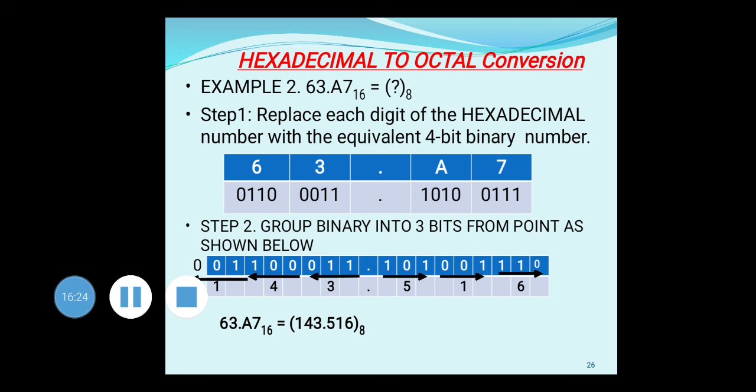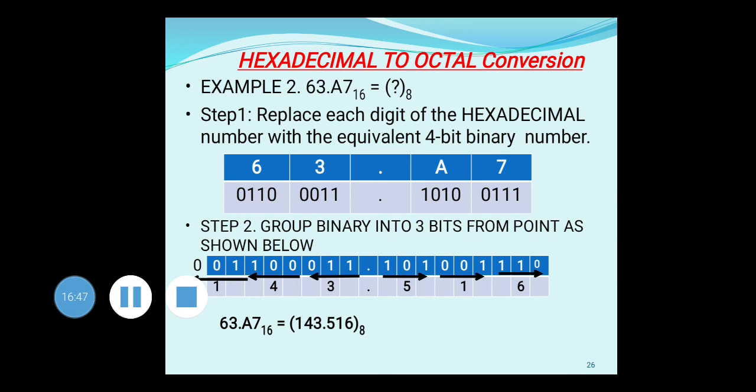So 001 stands for 1, 100 stands for 4, 011 stands for 3, point as it is, then 101 stands for 5, 001 stands for 1, and 110 stands for 6. So the final answer is 143.516.